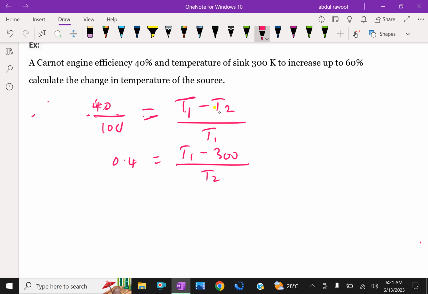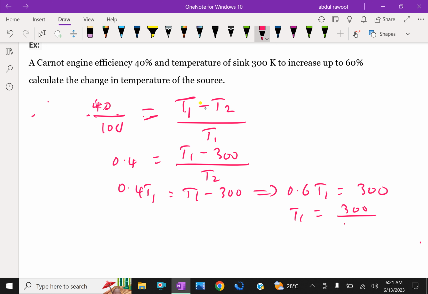Then by cross multiplying, 0.4 T1 equals T1 minus 300, which gives 0.6 T1 equal to 300. Therefore, T1 equals 300 over 0.6, equal to 500 degrees Kelvin.